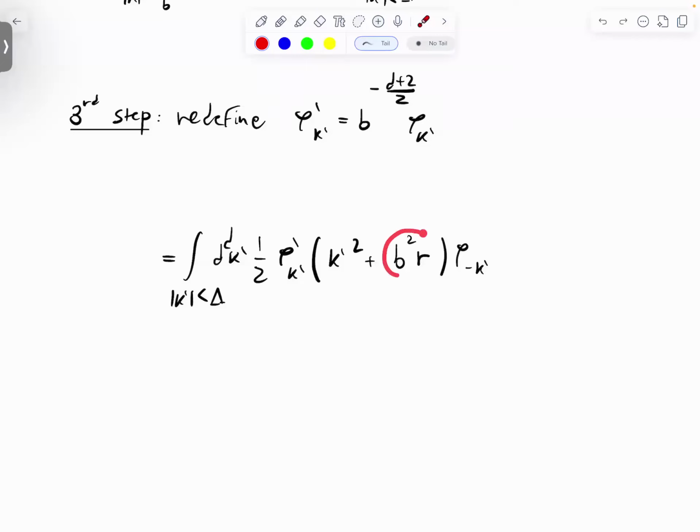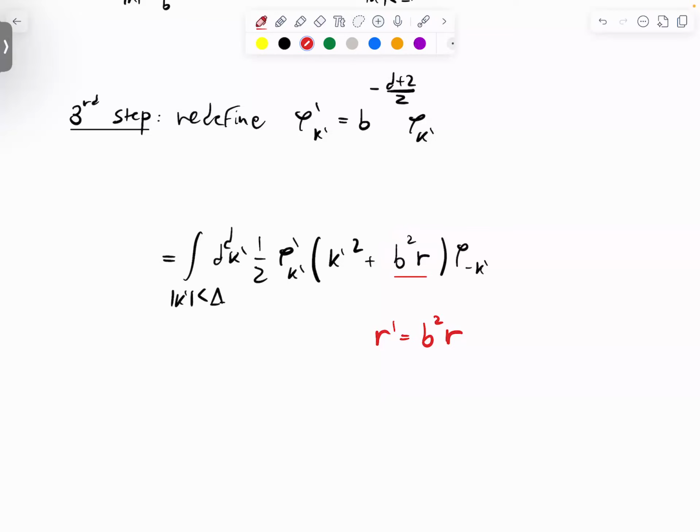The only thing that changed is this mass term. So for this mass term, r prime is equal to b squared r. That's the equation that we got. Because this is a Gaussian theory, the only perturbation I have is r. That's the only thing I can consider.